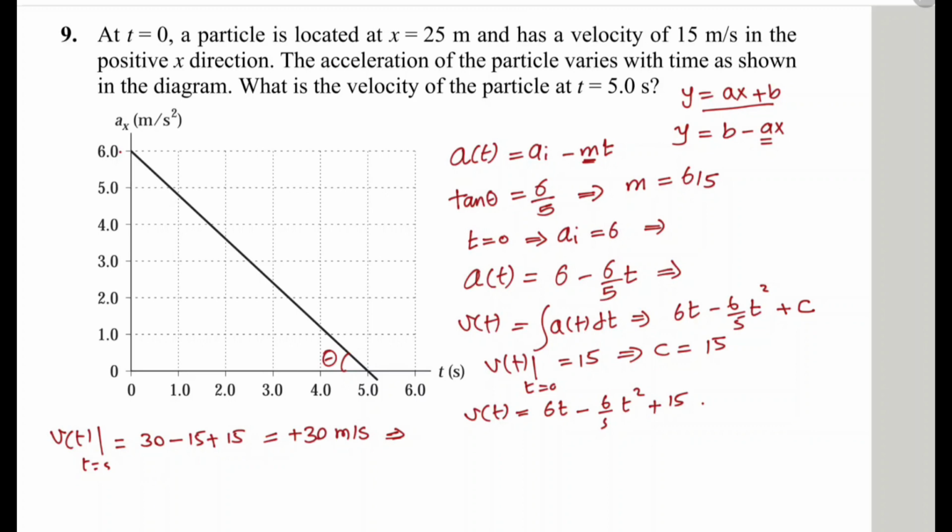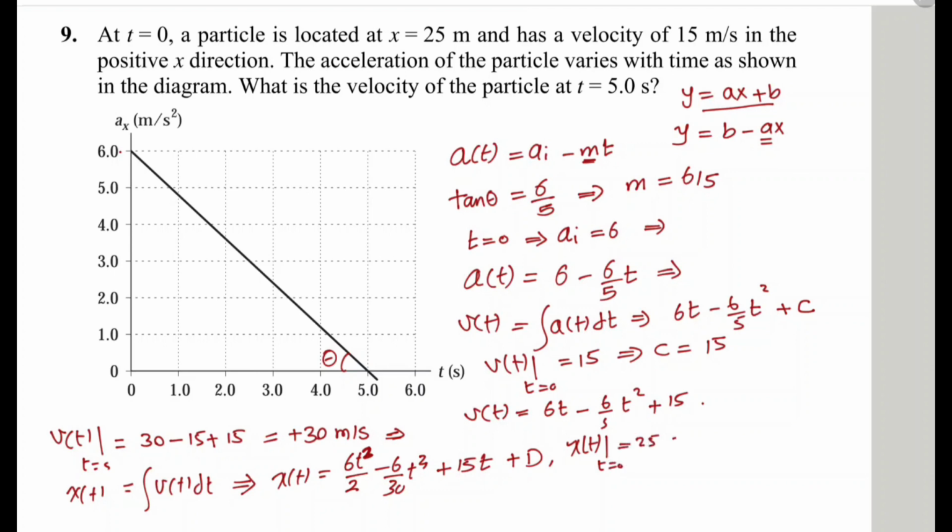Now, to find the position x of t, you integrate v of t dt, and x in this case equals 6t squared divided by 2 minus 6 over 15 t cubed, plus 15t, plus d, and x of t when t equals 0 is equal to 25, and from this you will get d equal to 25.